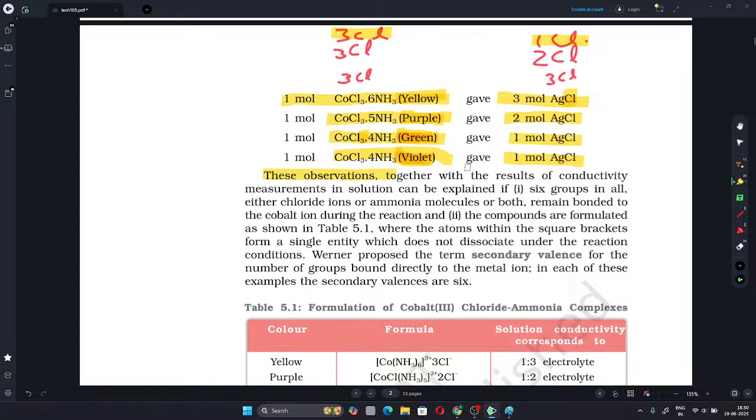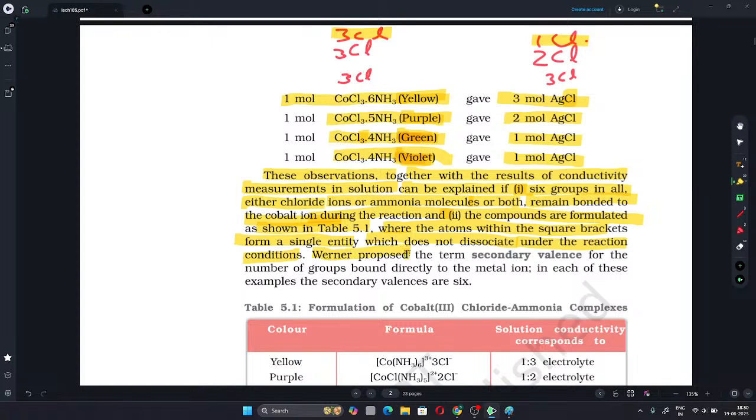These observations, together with the result of conductivity measurements in the solution, can be explained if 6 groups in all, either chloride ions or ammonia molecules or both, remain bonded to the cobalt ion during the reaction, and the compounds are formulated as shown in table 5.1, where the atoms within the square brackets form a single entity which does not dissociate under the reaction conditions.